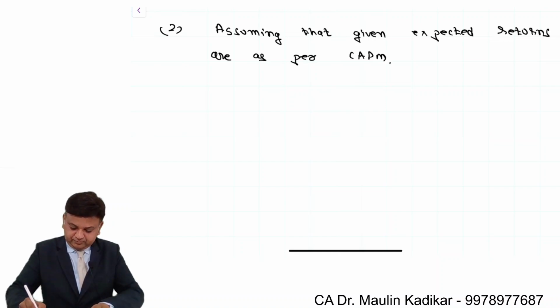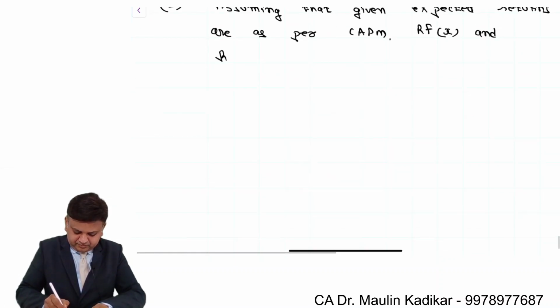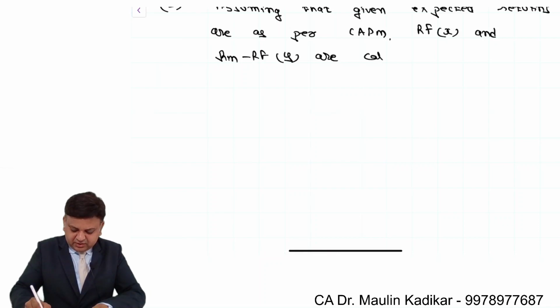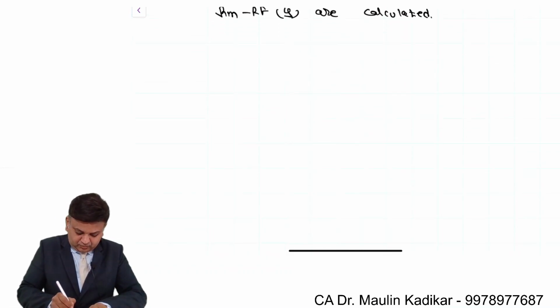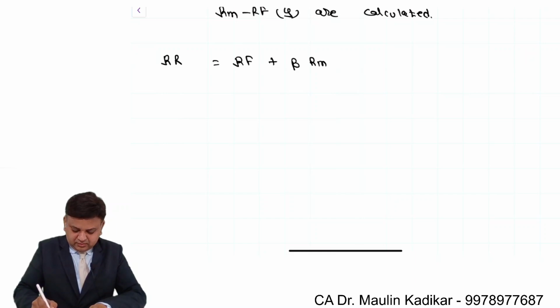RF and RM minus RF are calculated. So required rate of return is equal to RF plus beta into RM minus RF.